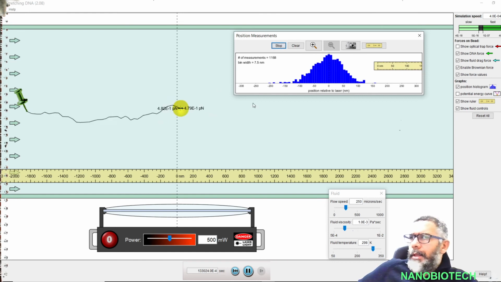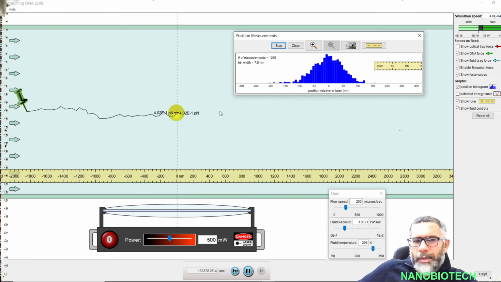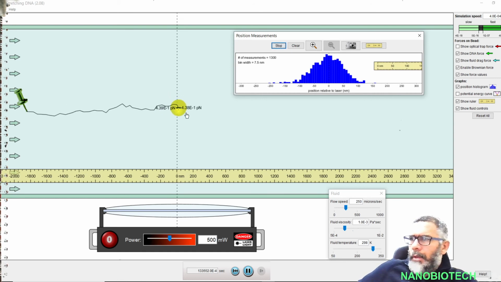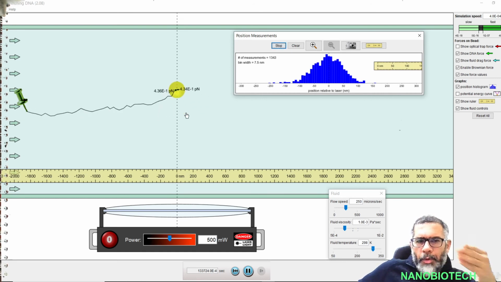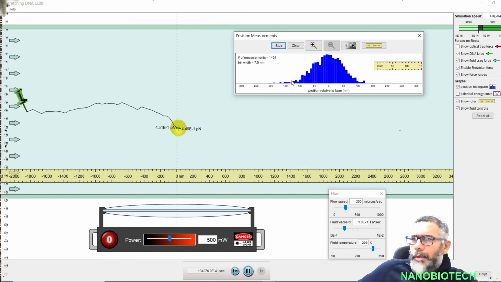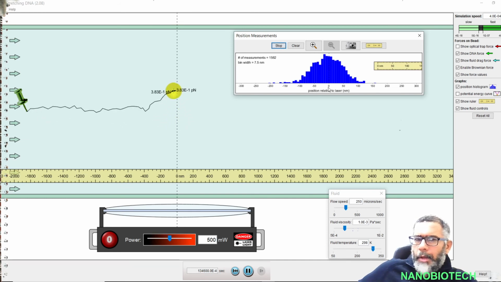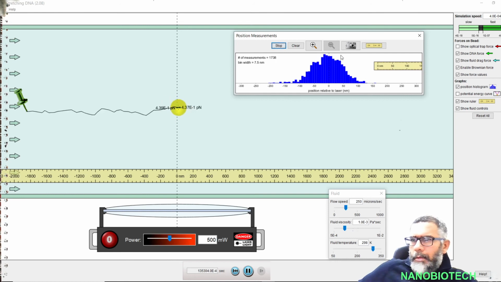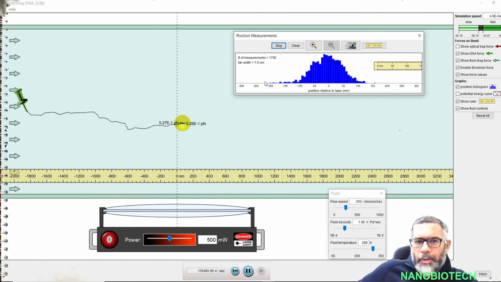Since the motion of the bead is going back and forth, doing this zigzag motion, and since the histogram is continuously making the position measurements, you will also see these bars to the left and to the right of this center. If you wait for long enough, this bell-shaped curve will get smoother and smoother.